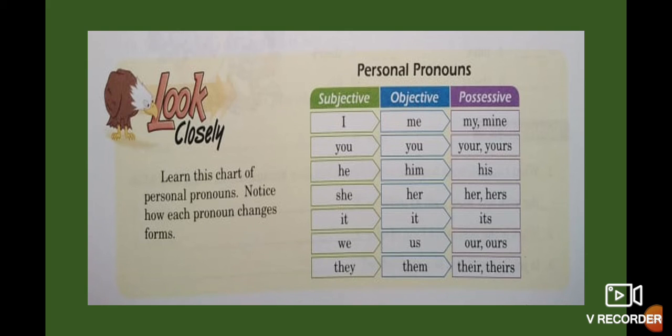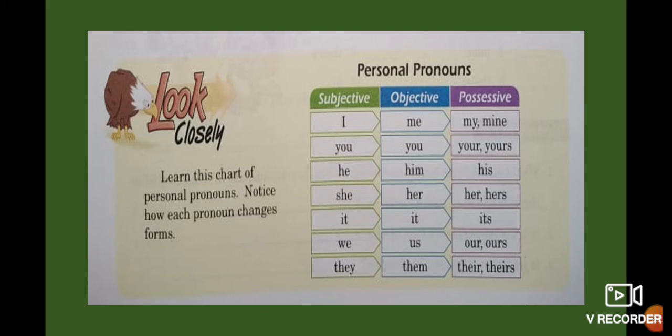So we learn this chart in the form that we see. Let's see. I, me, my, mine. You, your, yours. He, him, his. She, her, hers. It, its. We, us, ours. They, them, theirs.